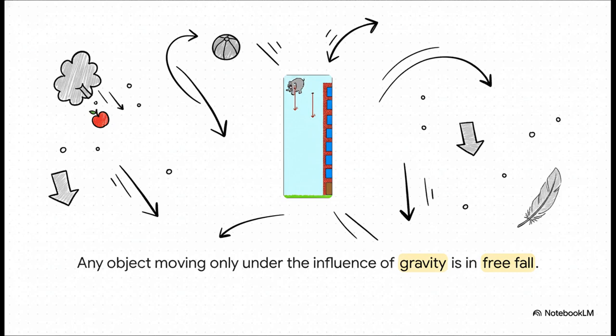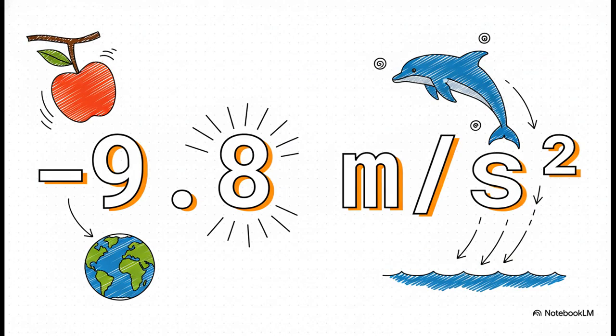The second it leaves your hand, and if we ignore air resistance for just a moment, gravity is the only thing in charge. And here on Earth, that acceleration due to gravity is remarkably constant. Its value is about minus 9.8 meters per second squared. That negative sign is just a convention, by the way. It just tells us that the acceleration is always pointing downwards toward the center of the Earth.